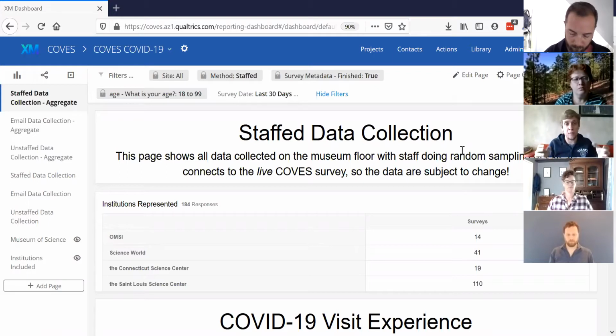It's pulling from the one giant survey, so every institution that's collecting data, all that data is coming into this dashboard. But because of the COVES system and agreement that we have with everyone, if you are at Science World, you can see Science World's data and aggregate data, but you wouldn't be able to click the drop down and navigate to see St. Louis Science Center's data specifically.